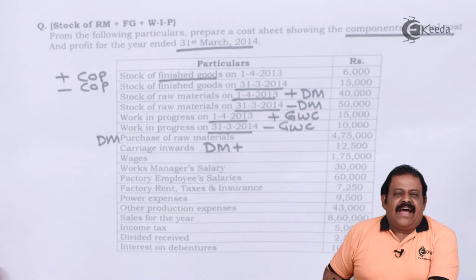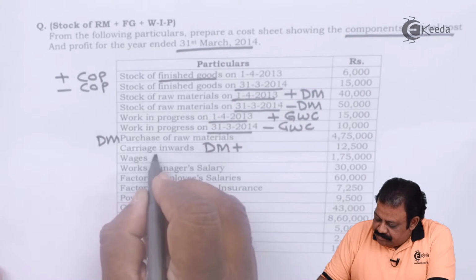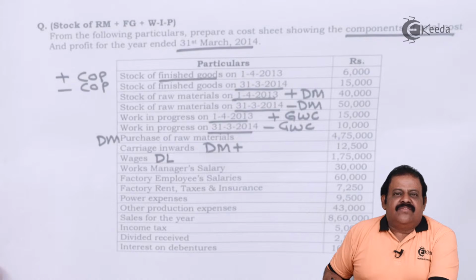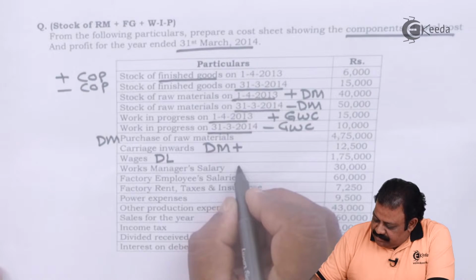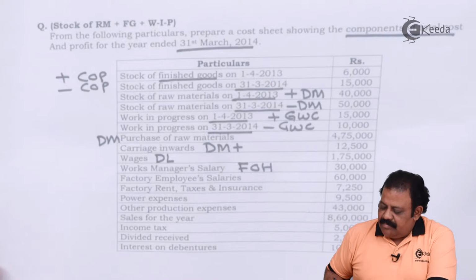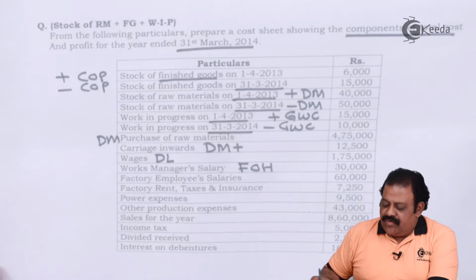Wages, it's a direct labor, it's part of prime cost. Works manager's salary. Works manager is the factory manager, so his salary will be treated as factory overheads. Factory employees salary, same, factory overheads.